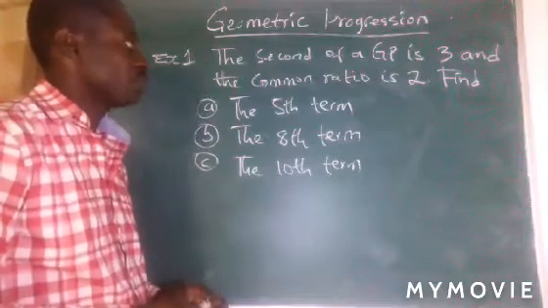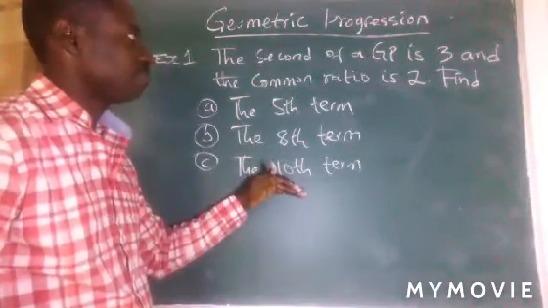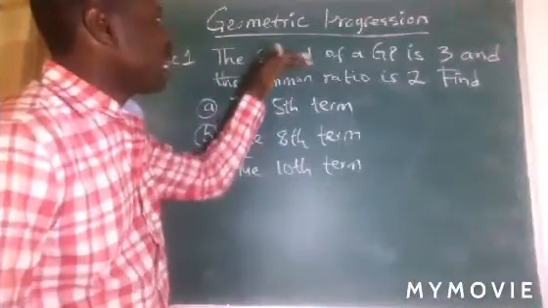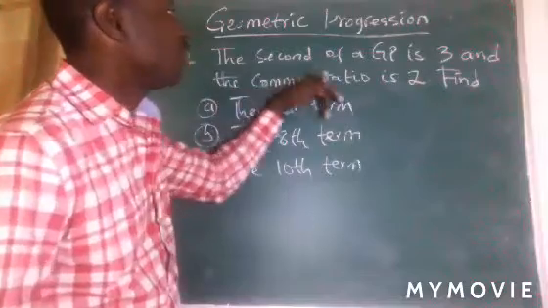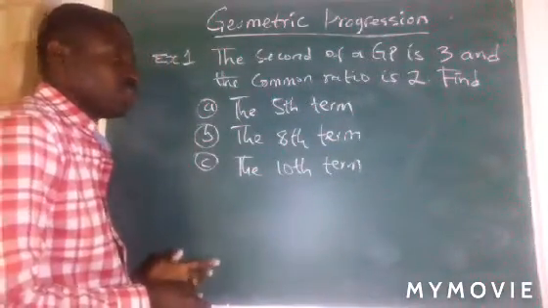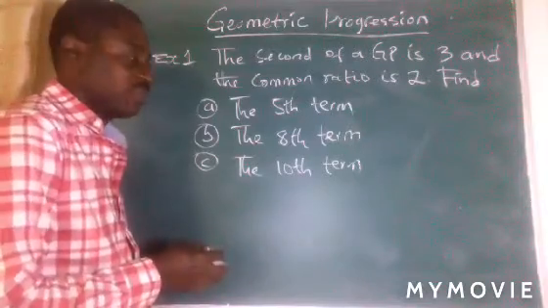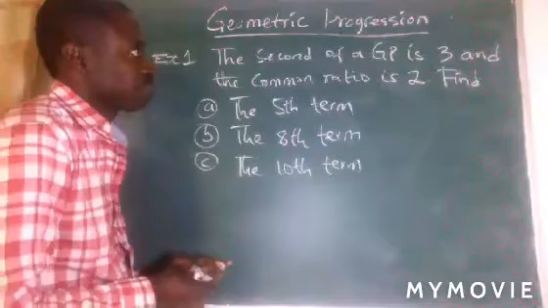So for us to find the 5th term, 8th term, and the 10th term, we have the second term given as 3, and we know the common ratio to be 2. With these values available, we can find the 5th, 8th, and the 10th term.